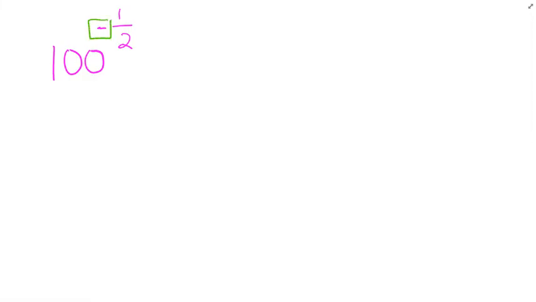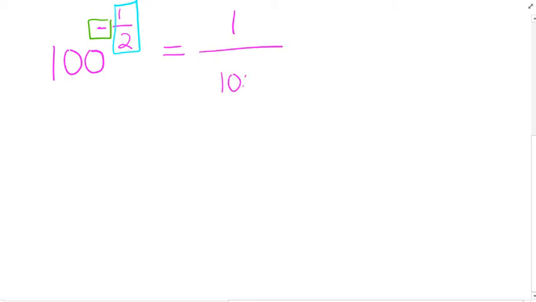So we're going to tackle the negative component, and then we're going to tackle to the power half. If you recall, a negative index implies 1 over whatever the base was, which in this case was 100 to the power a half. So now I've eliminated that negative by writing it as 1 over.